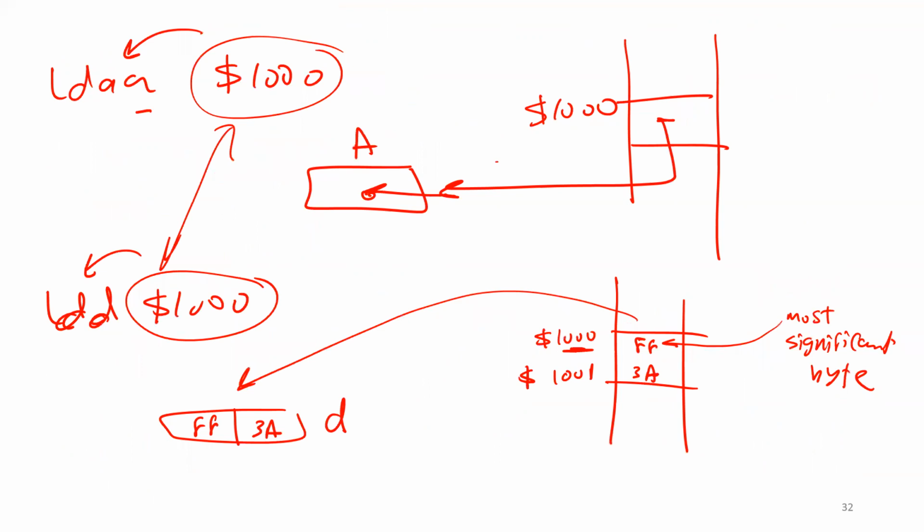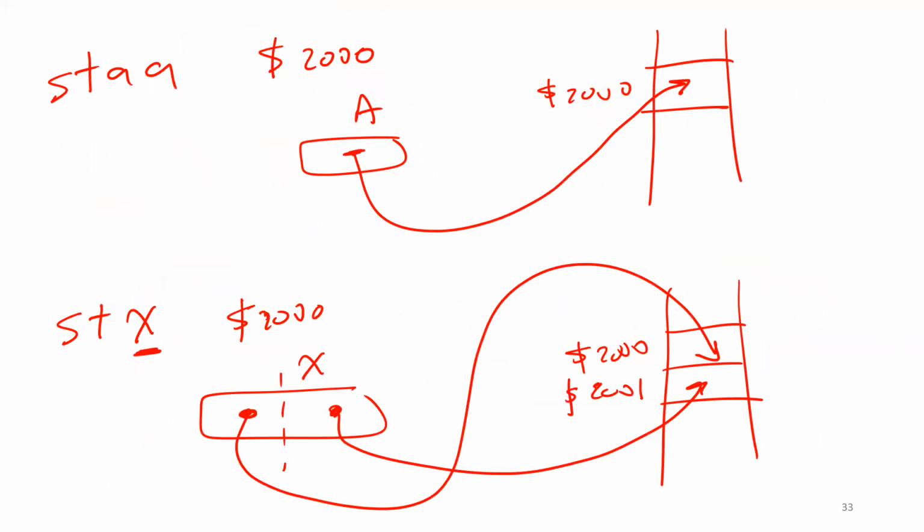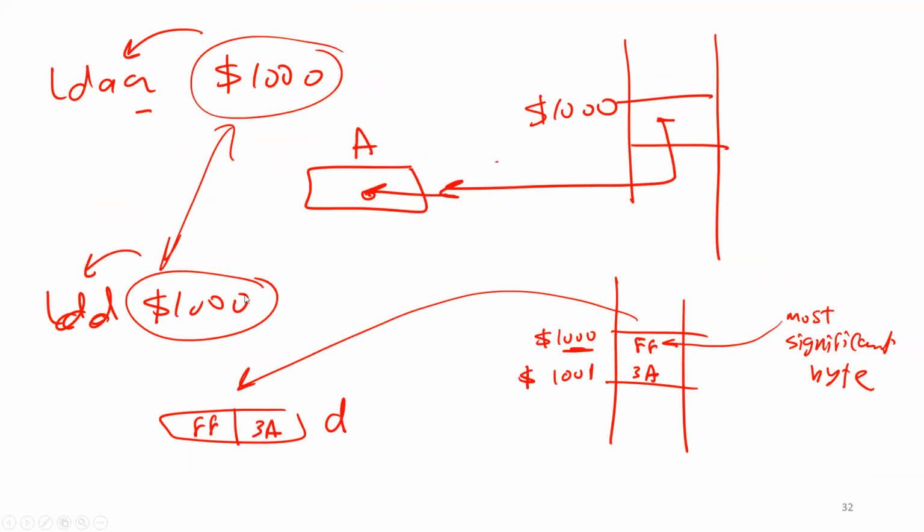Any questions? Here at 1000, I'm going to read the byte and put it in A. I keep repeating 1000 and 1001, because that means I'm going to read these 2 bytes. The first one is the most significant one, and the second byte is the least significant byte.